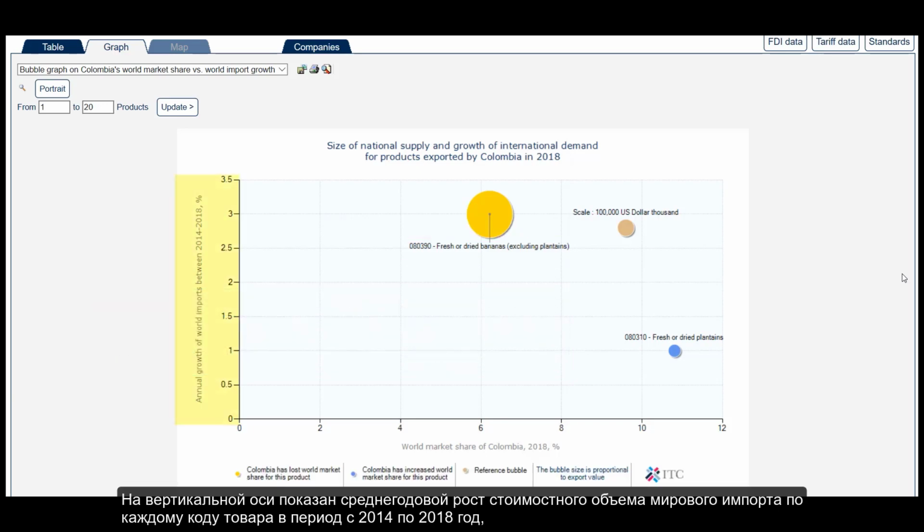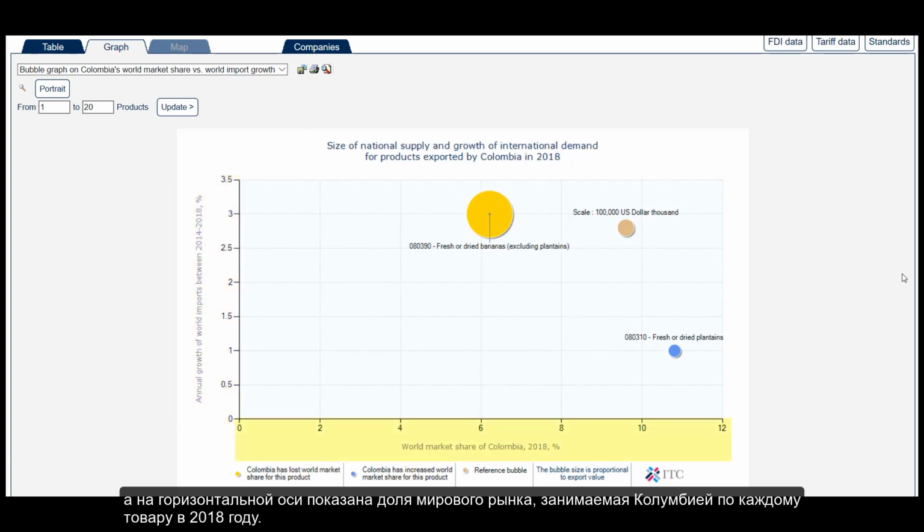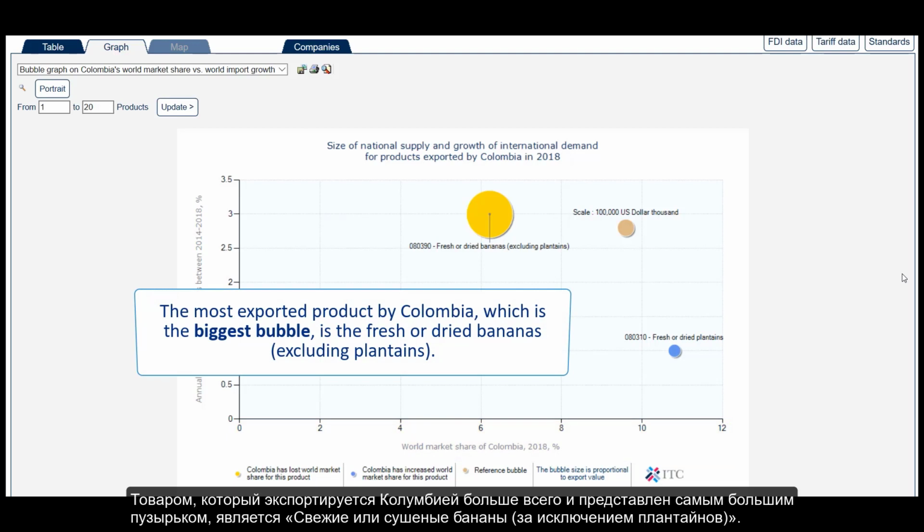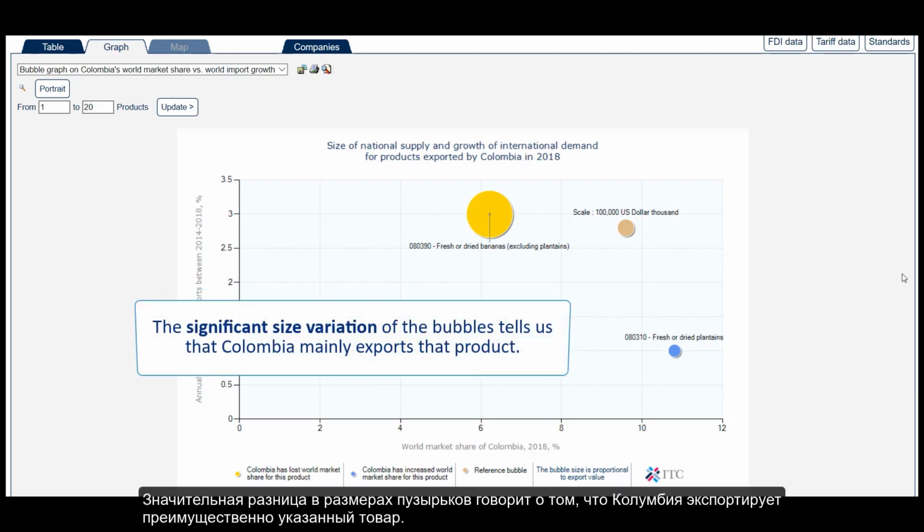The vertical axis presents the average annual growth in value of world imports for each product code between 2014 and 2018. And the horizontal axis presents the world market share of Colombia for each product in 2018. The most exported product by Colombia, which is the biggest bubble, is the fresh or dried bananas, excluding plantains. The significant size variation of the bubbles tells us that Colombia mainly exports that product.